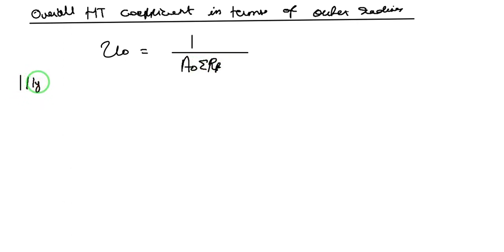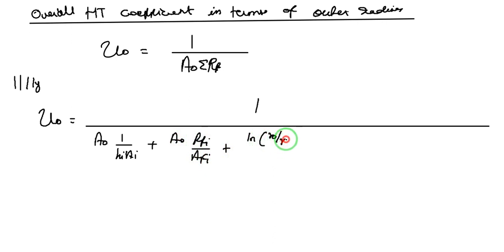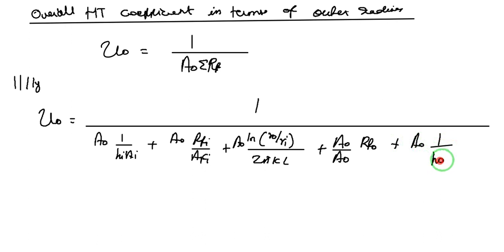Similar way you need to derive. Similarly you're going to derive U naught equals, let me write the equation, 1 divided by A naught will be there, so 1 by hi AI plus A naught rfi by Afi plus ln of r naught by ri divided by 2 pi kl A naught plus A naught by A naught rf naught plus A naught 1 by h naught A naught.